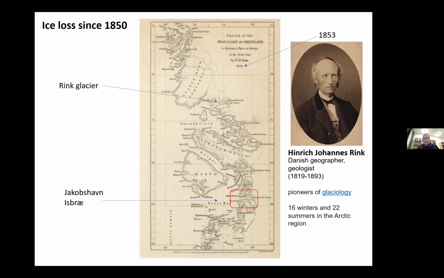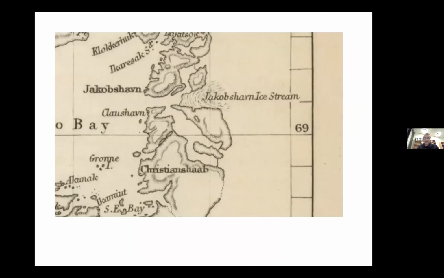Now, if we zoom into this region here, this is Jakobshavn. So it's the same map as I just showed you. It shows the Jakobshavn ice stream. Jakobshavn now is called Ilulissat. And if you look at the margin here, it is actually very well mapped, taking the conditions at that time into account.